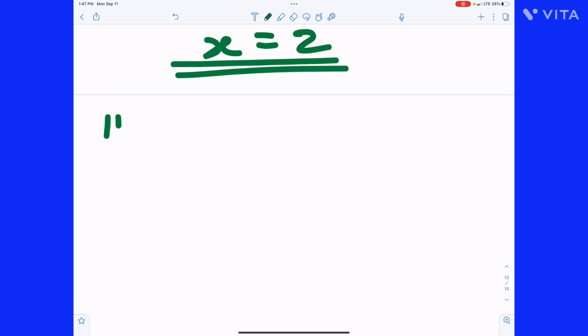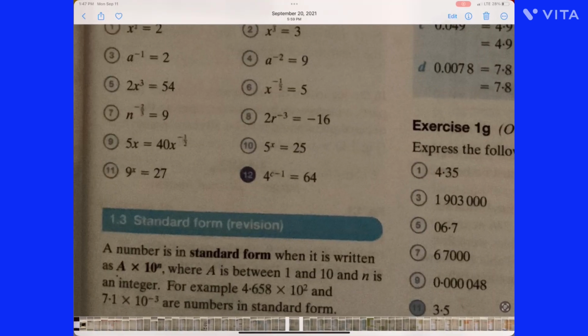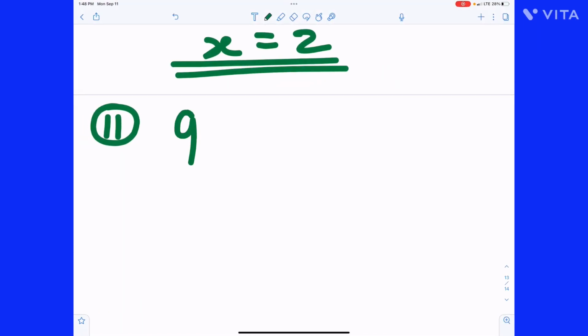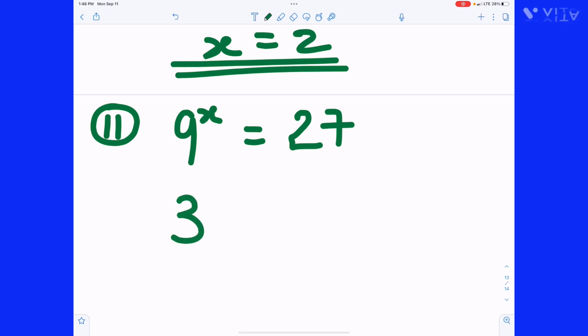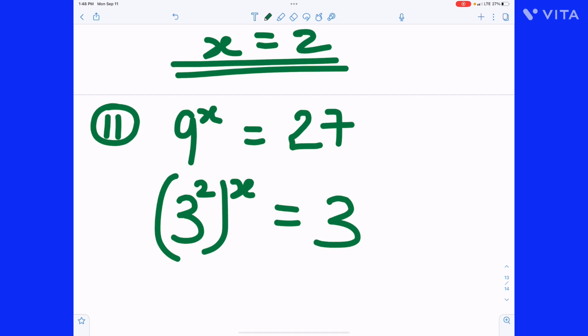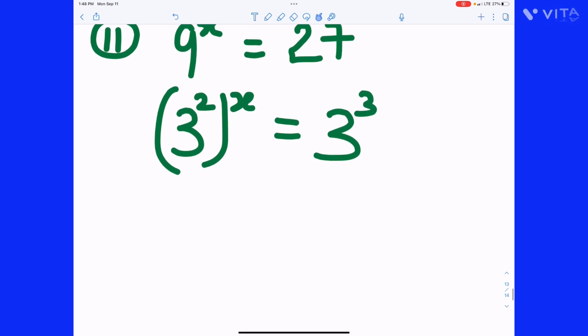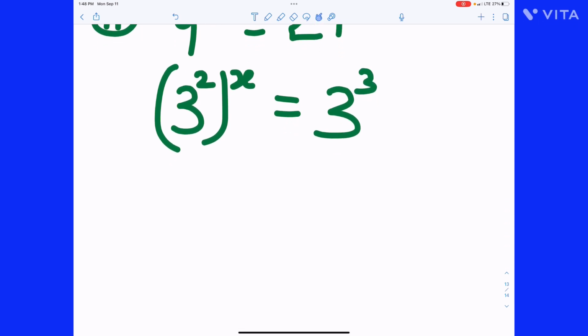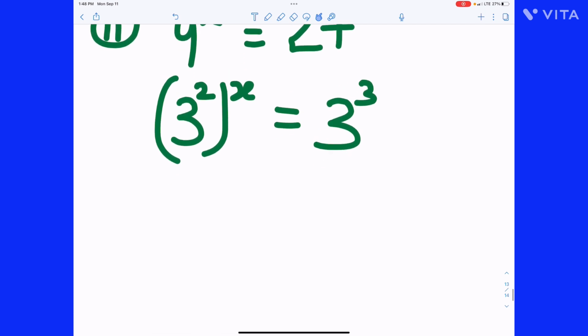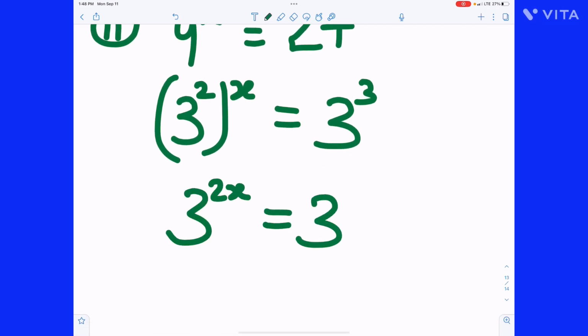Number 11 now. 9 raised to power x is 27. 9 is the same thing as 3 squared raised to power x, and 27 is the same thing as 3 raised to power 3. So if we put this together, you get 3 raised to power 2x is 3 raised to power 3.